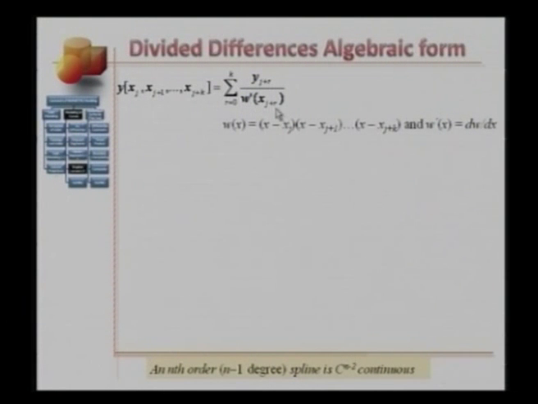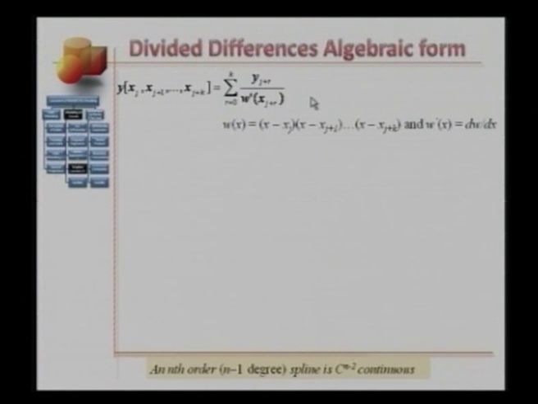In this expression on the right hand side, w of x can be constructed as x minus xj times x minus xj plus 1 up till x minus xj plus k, and w prime is the first derivative of w with respect to x. W prime of xj plus r is simply this expression evaluated at xj plus r.